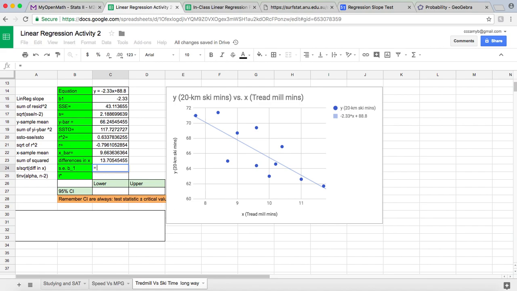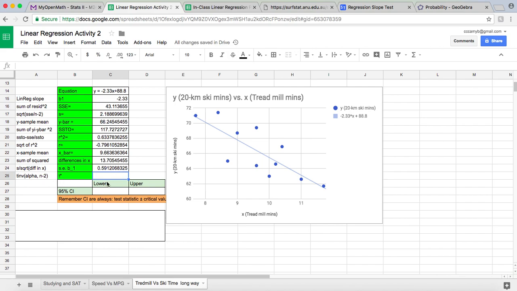So this is equal to S divided by the square root, SQRT, be careful, make sure you hit the right one, the square root of the differences in X, and there we go. So this is the standard error of B1.